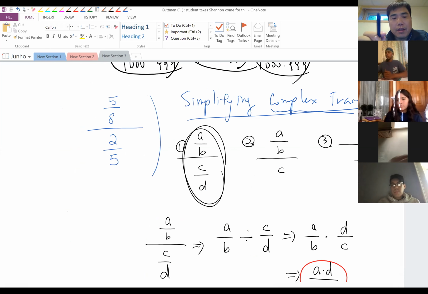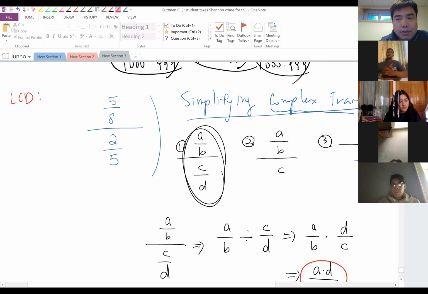Then what is the LCD between 8 and 5? No, not common factor. We are finding a common multiple between 8 and 5. 40, right? So you multiply 40 on this fraction and this fraction.